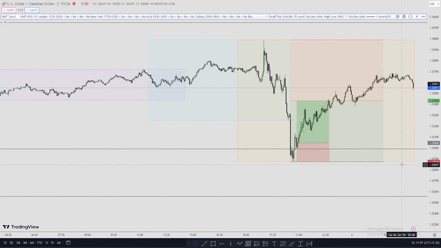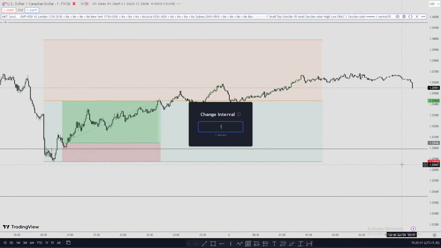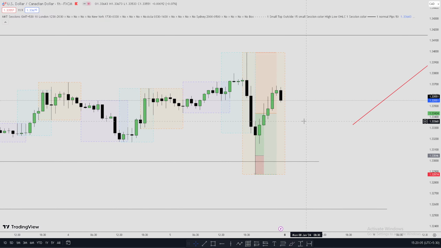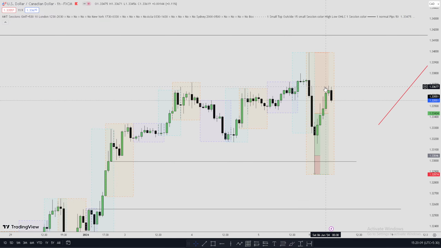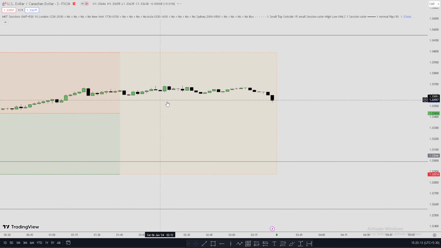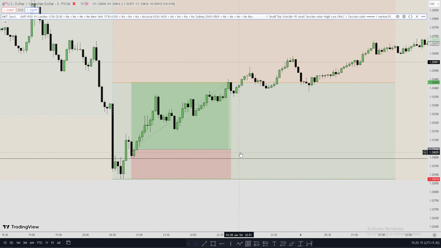And how much I could have held this, we'll see on the 1 hour time frame. So we should have held our trade up till this level. Wait, let me just switch back to the 3 months time frame.